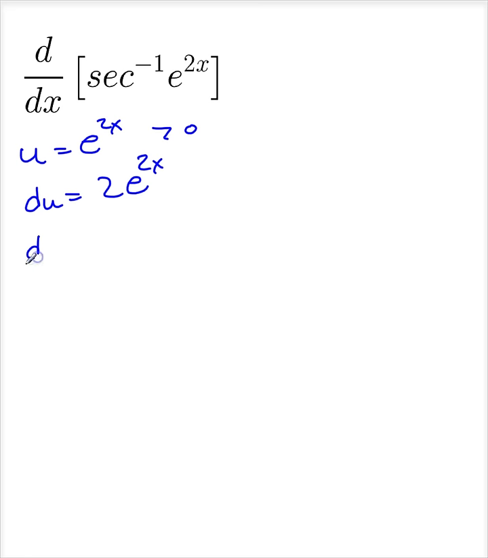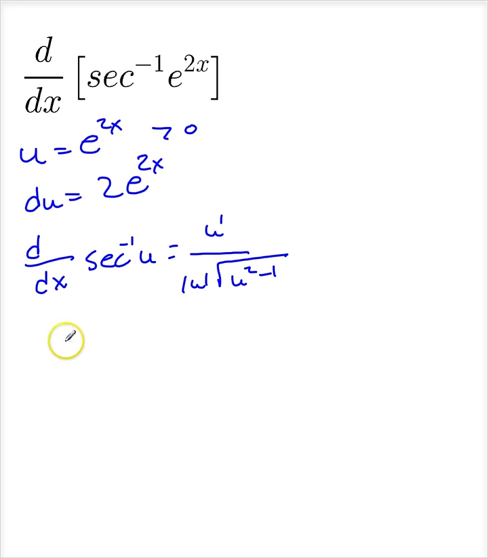And I know the derivative with respect to x of secant inverse of u is u prime divided by the absolute value of u times the square root of u squared minus 1. Now I'm going to do this down here. What is u squared in this case? This is e to the 2x squared, or you can write this as e to the 4x because you multiply those two numbers.